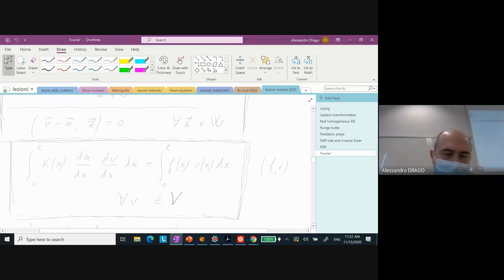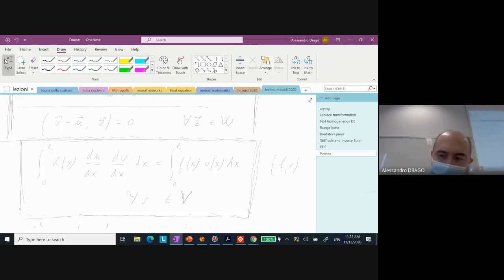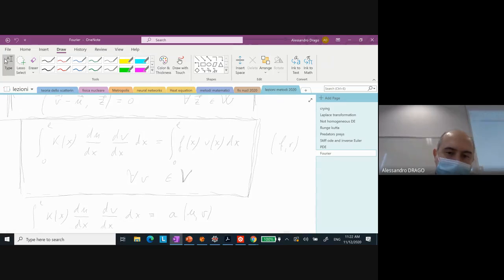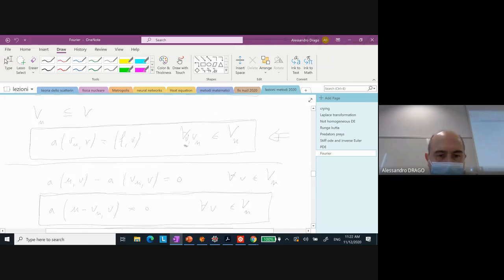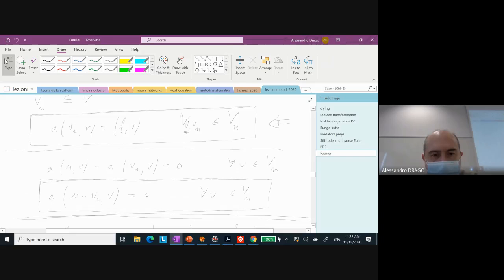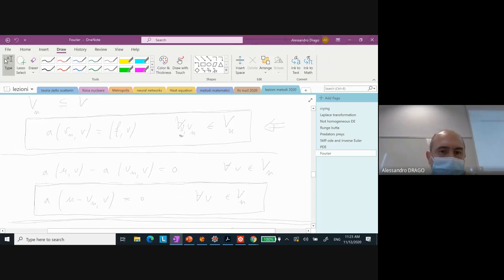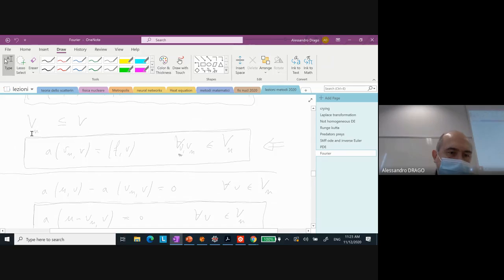The second point is the Galerkin technique. This Galerkin technique tells us that instead of having to deal with a space like, let's say, L square, which is infinite dimensional, you restrict yourself to a finite dimensional space, and there is a way to check that what we are doing is consistent, meaning that we take a subspace of L square.